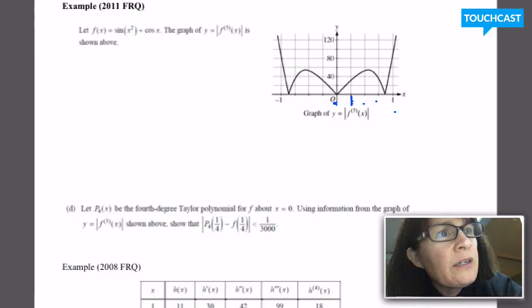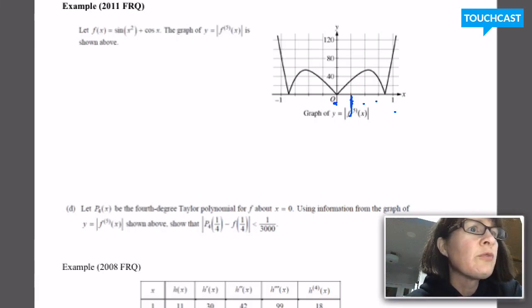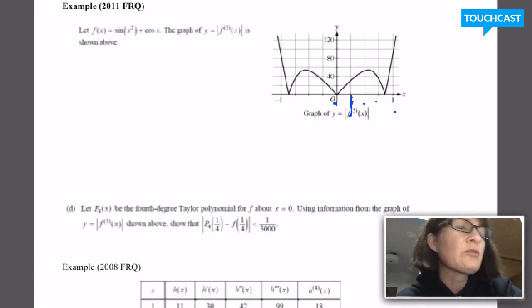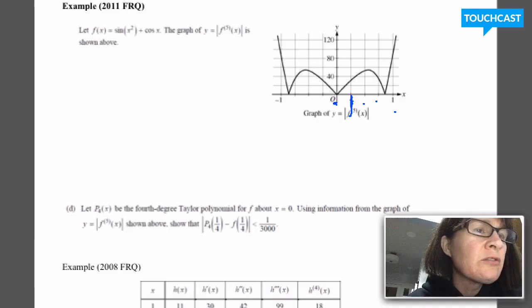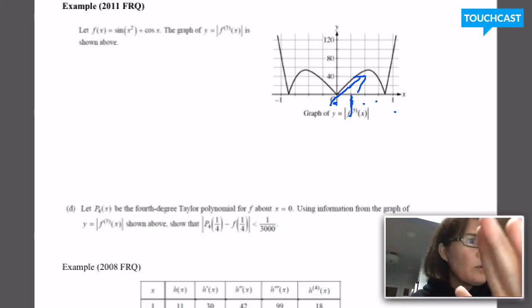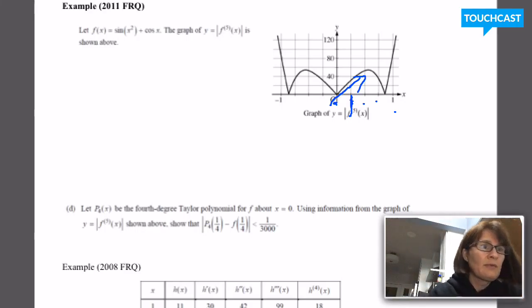So this here represents x equals 1/4. And I have to figure out what the maximum value of this fifth derivative is anywhere on this interval. Well, on this interval, the fifth derivative does increase. You can see this is increasing. So I want to pick a y value that's near the furthest right y value on that interval.